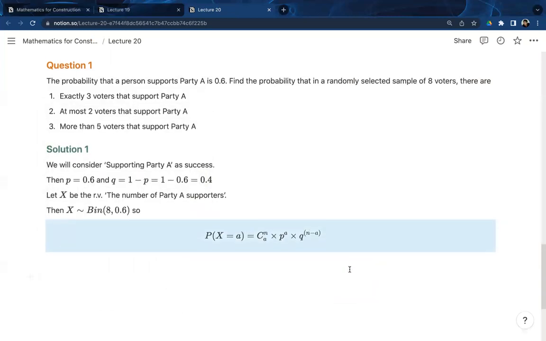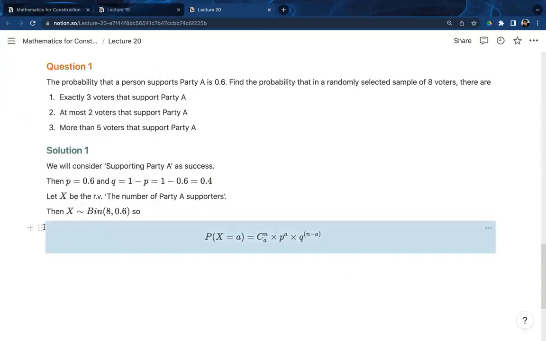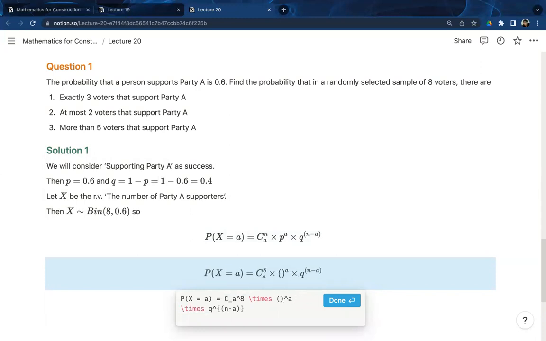So we get this here, and then we could substitute into this formula here the values of N and P. So N is 8, and P is 0.6, and Q is 0.4, right?